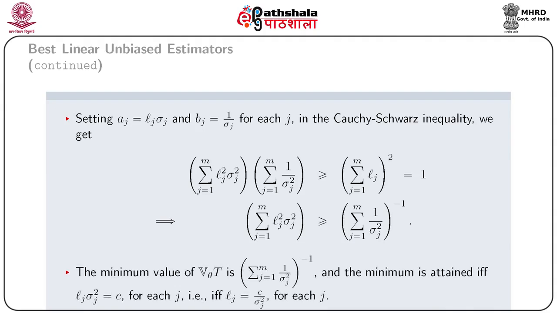The minimum value of variance of T is equal to 1 by summation over i from 1 to k of 1 by σi², and the minimum is attained if li into σi² equals C for all i, which implies that li equals C by σi² for all i.